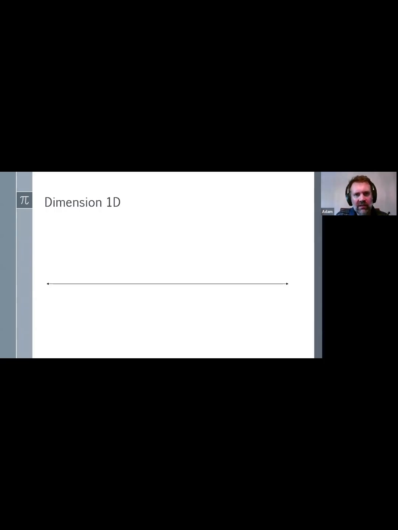So this is one dimension. And then if we go into the second dimension, we're going to take that line and stretch it the other way. And it's going to create like a gigantic paper, which has 2 dimensions, both the length and the width.